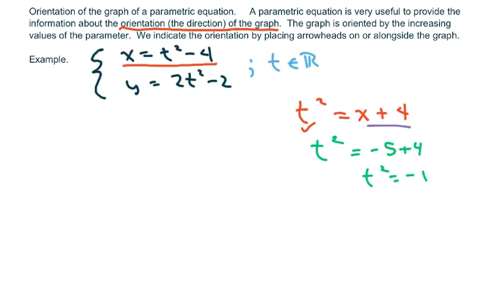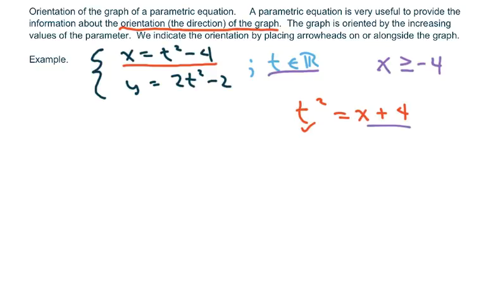So we only want to talk real numbers because for t, the domain is all real numbers. So we have to restrict our x, and x has got to be greater than or equal to negative 4 because t squared can equal 0. So basically, that's why you're doing that.